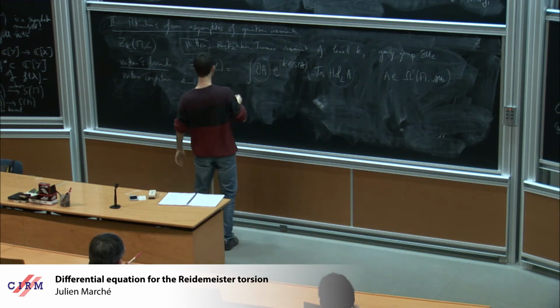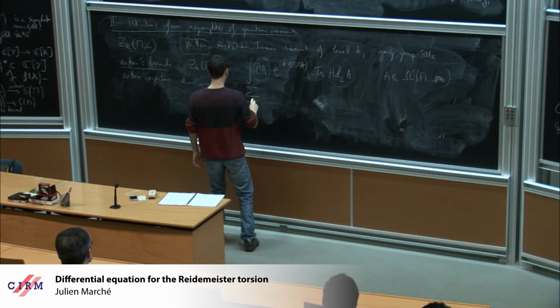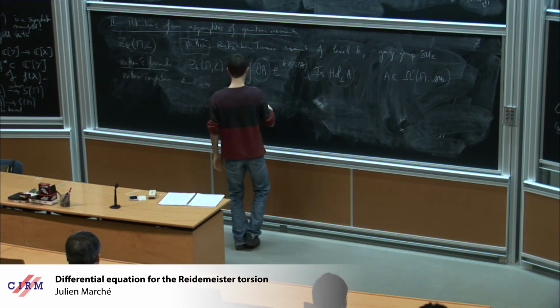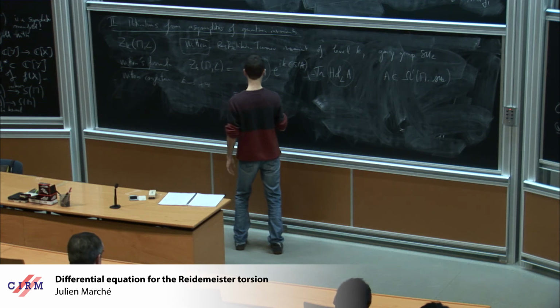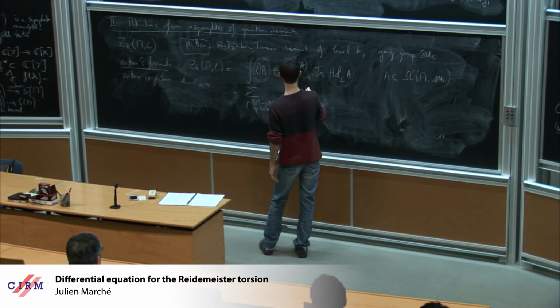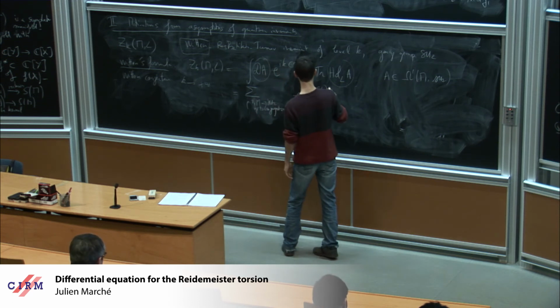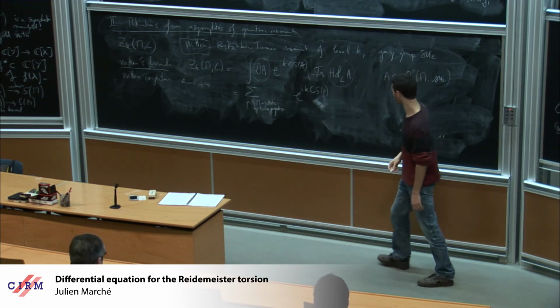So the Witten conjecture tells the following: that Z_k of M is equal to the sum over representations of pi_1 of M to SU2 up to conjugation, and here you have some phase, Chern-Simons of rho. So rho will correspond to A, to the flat connection A.